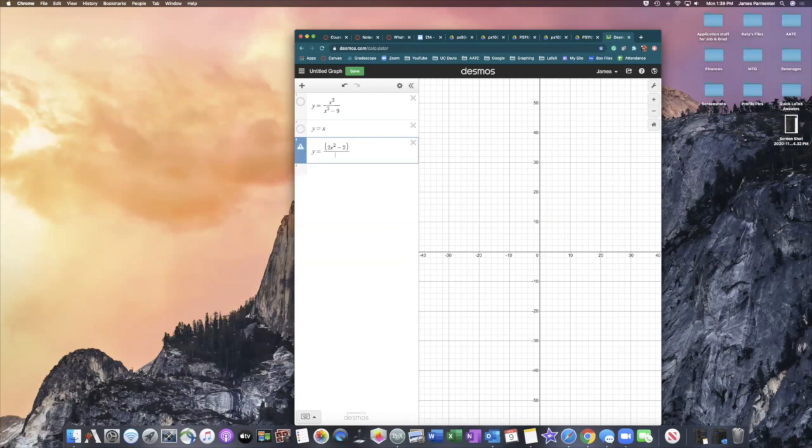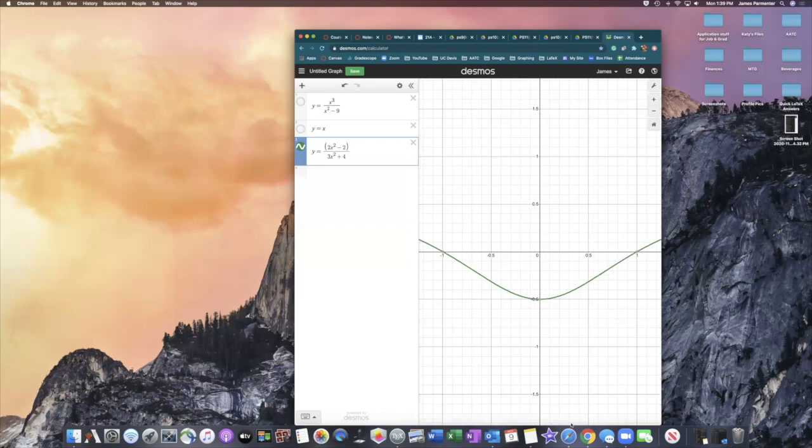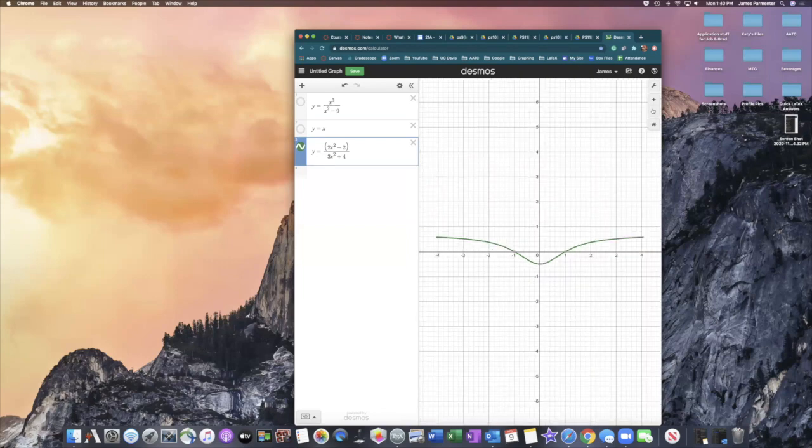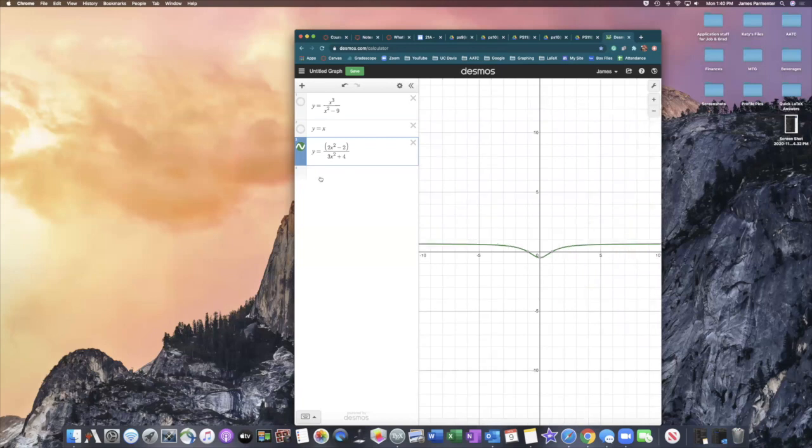Divided by, I don't know, 3x squared plus 4. We can see here there's definitely a horizontal asymptote, right? We have to zoom in to even be aware of the middle, where it's just kind of doing its thing. But as you zoom out, you can see this function is definitely getting closer and closer to the horizontal asymptote, which is y equal to 3/2.